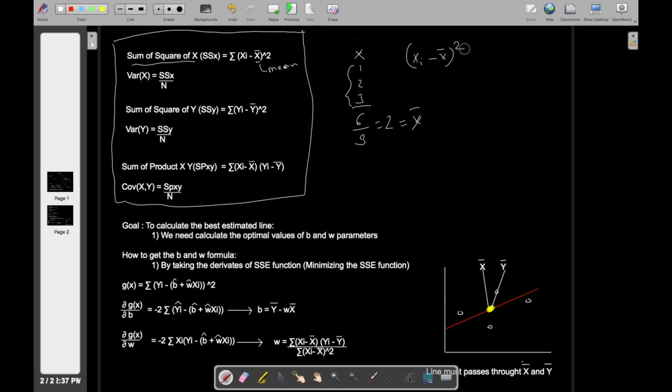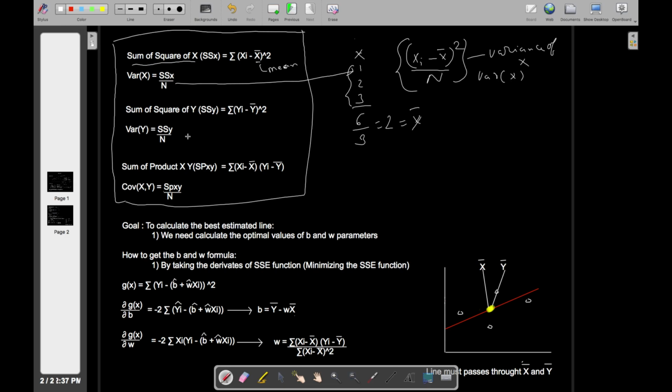And if we square them and divide by n, this is the variance of x. This is the formula. So we represent this as var of x.